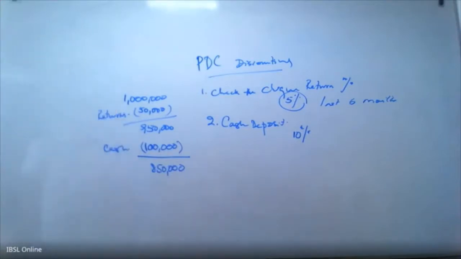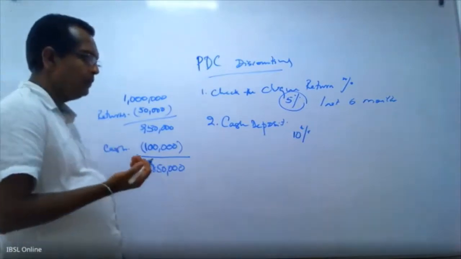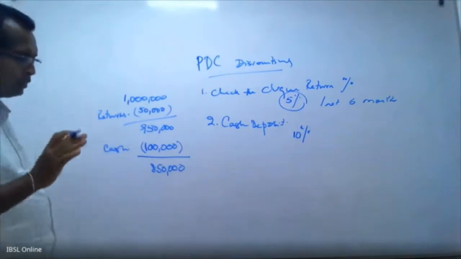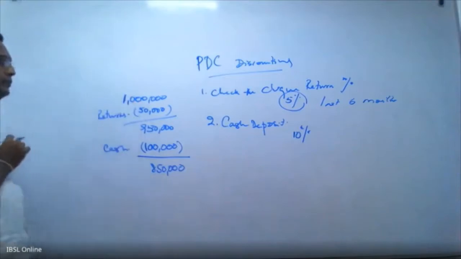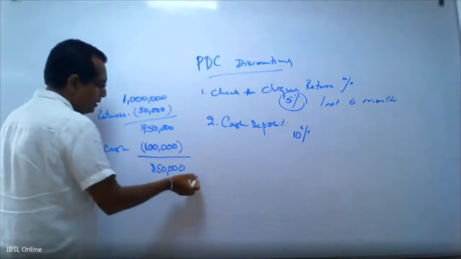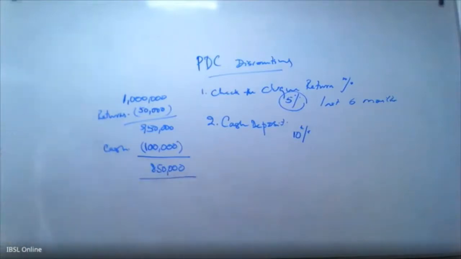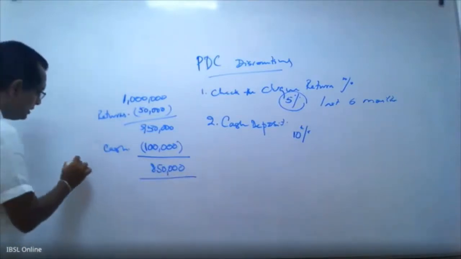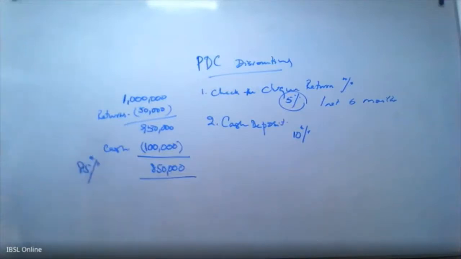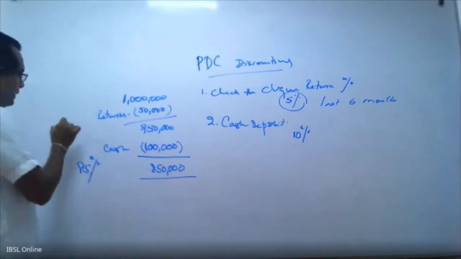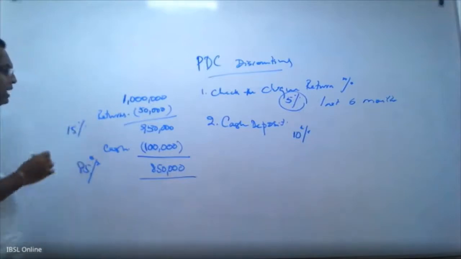Right? So, when we discount, or like we say, put it this way, when we have 1 million checks, if we give 850,000 for 1 million, that is 85%, you are safe. That means 15% check returns also we can accommodate.